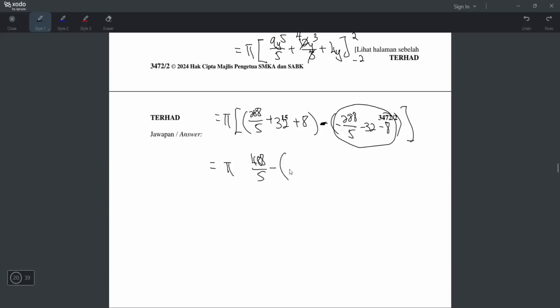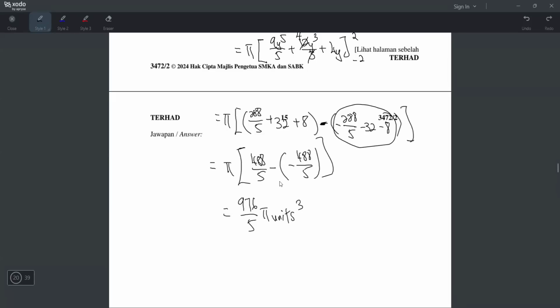So I get negative 488 over 5. So what is 488 over 5 plus 488 over 5? Let's press 488 over 5 times 2. I get 976 over 5. Yeah, I get this: 976 over 5 pi units cubed.